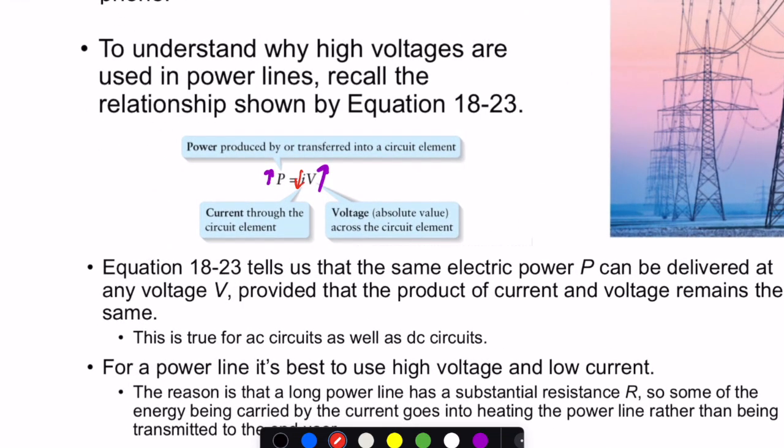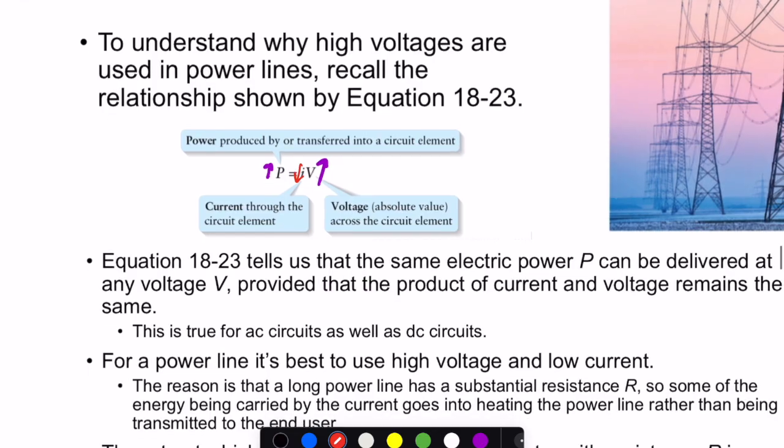We want a lot of energy transfer from one place to another, but we don't want a lot of current, because when there's a lot of current running through stuff, it gets hot, and we start to lose heat and thus lose energy. So to minimize energy loss and maximize power transfer, we operate at very high voltages.